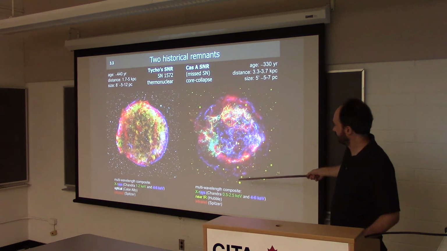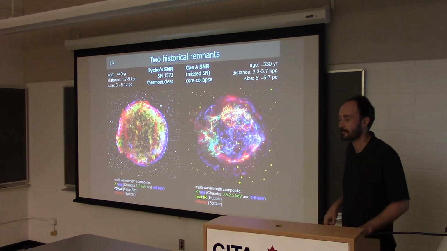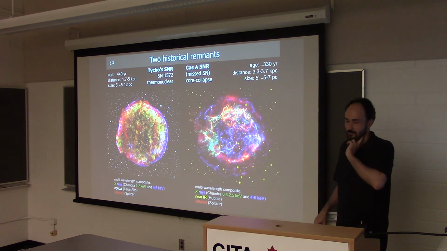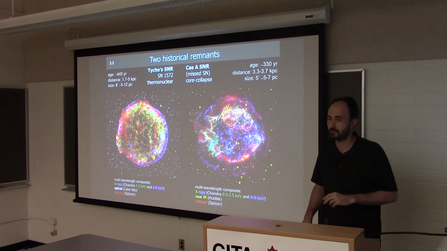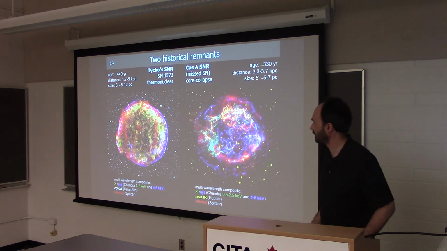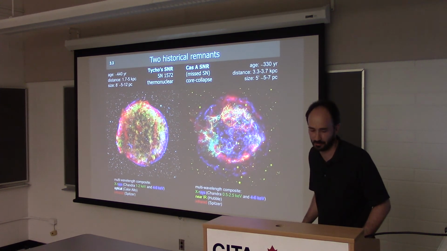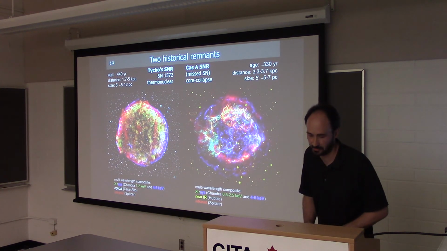And you see that the morphology immediately seems to be more complex. And actually, it's been argued that, in general, the remnants of core collapse supernovae have a more complicated geometry, more asymmetries than the remnants of thermonuclear supernovae. You can check Lopez's work in particular.